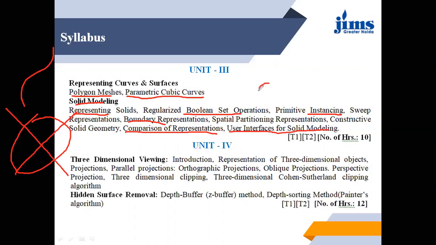From this unit, two theoretical questions come. The first question comes from this one, and the second question comes from sweep representation or boundary representation.